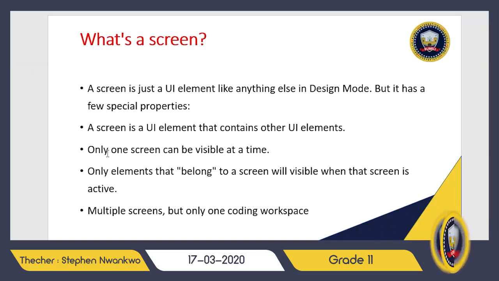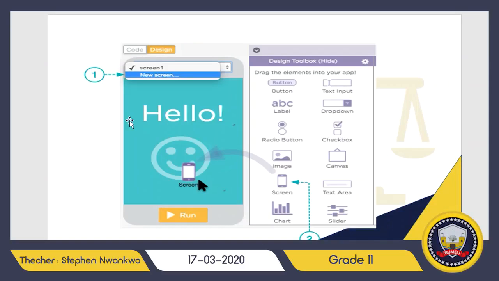The second one, only one screen can be visible at a time, which is true. You cannot view two screens at a time. You view one screen at a time. After viewing one screen, you can go over to the other screen to view it. The third one, only elements that belong to a screen will be visible when that screen is active. For example, when you look at this screen, the elements that are on this screen are the elements that are visible for you to view.